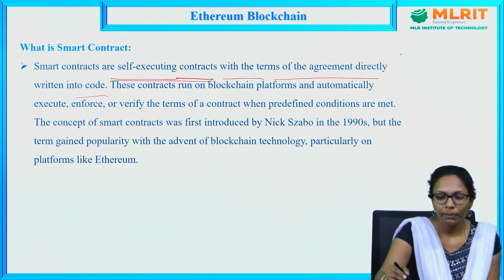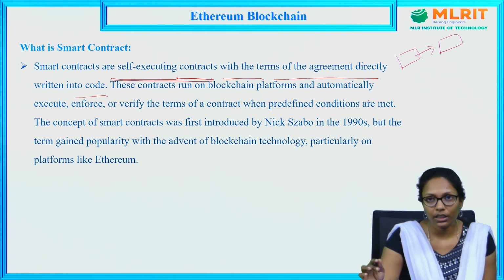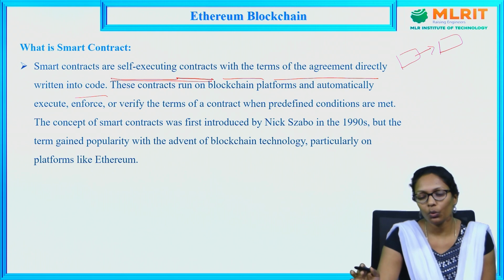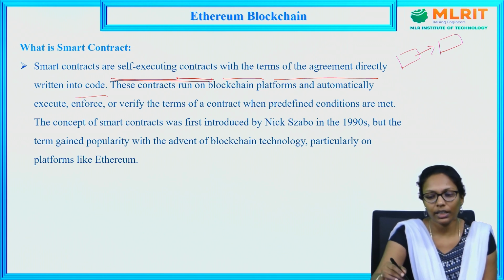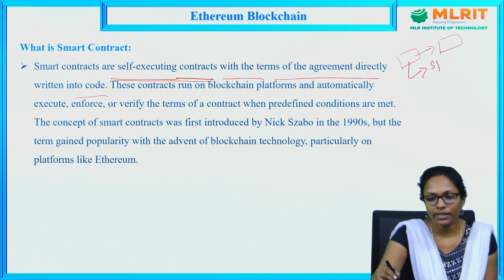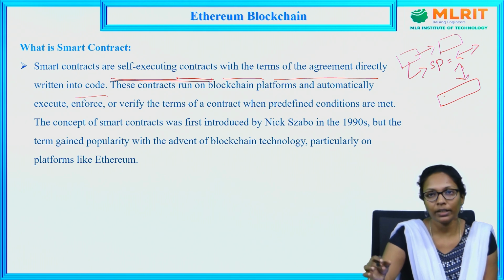For example, I'm writing a condition here: if this condition is true, automatically execute this code. Whenever the condition is true, the code will be executed without human intervention. For example, I want to buy some shares whenever the share price is a particular amount that I fix. The condition is that whenever the share price is so and so amount, I want to buy a particular number of shares, say 100 shares.